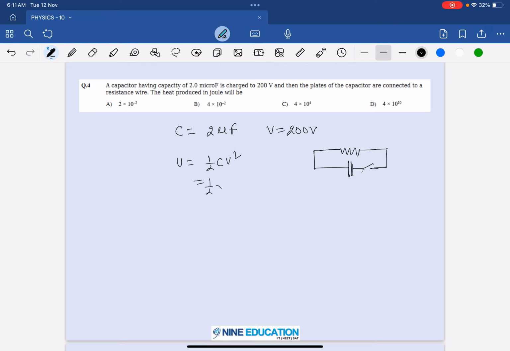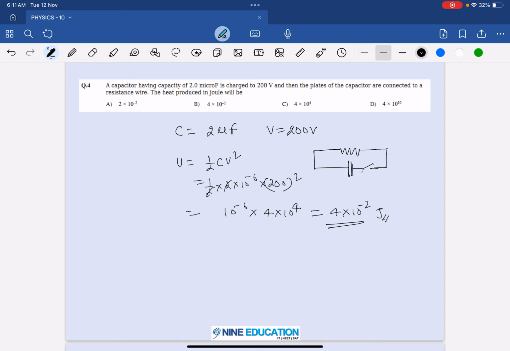So half into, what is C here? 2 into 10 to the power minus 6. And what is the voltage by which it is charged? 200 square. So which is going to become basically, this is cancelled, 10 to the power minus 6. It becomes 4 into 10 to the power 4. So it's basically 4 into 10 to the power minus 2. Correct? So this is coming in joules now.